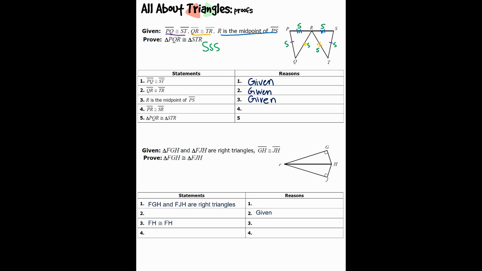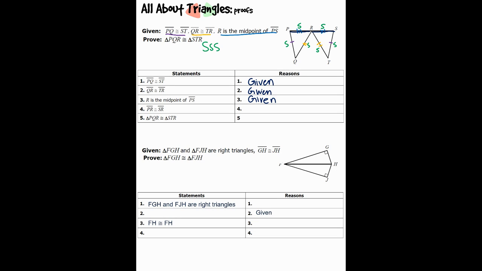Most of this is done by things that were just given to us. PR is congruent to SR. I said ST, I meant SR. We said that those were congruent when we were looking at our picture because of what? Because that's what midpoint means.